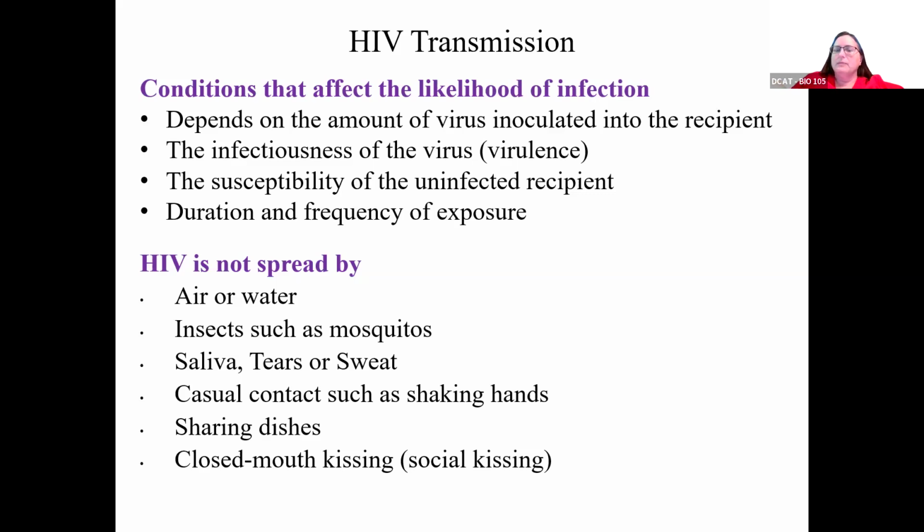Are they a patient getting chemo or radiation? Is their nutrition bad? Okay, so anything that can decrease or increase their susceptibility. Also, the duration and frequency of exposure: if you just have one exposure, you may not necessarily get it, but if you're having repeated exposure to the HIV virus, then you are more likely to get it.